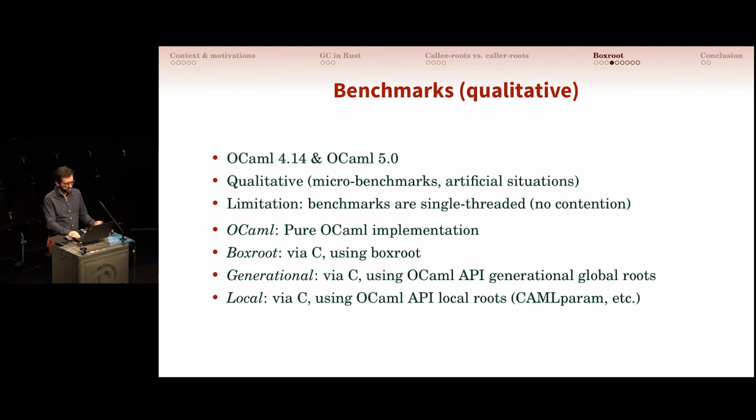And I have 4 implementations. 2 without using roots, and 2 using either Boxroot or some mechanisms that already exist in OCaml. So we compare with existing mechanisms, the global roots and the local roots. We want to be better than both of them.